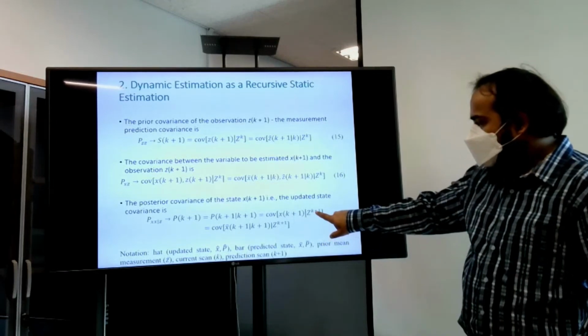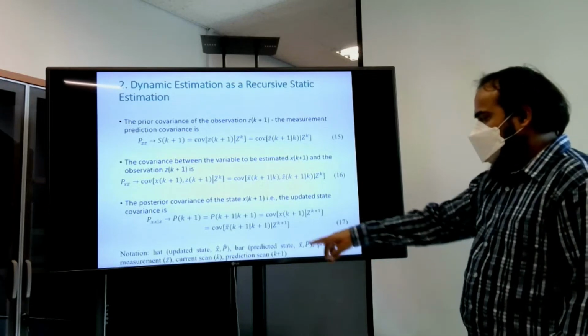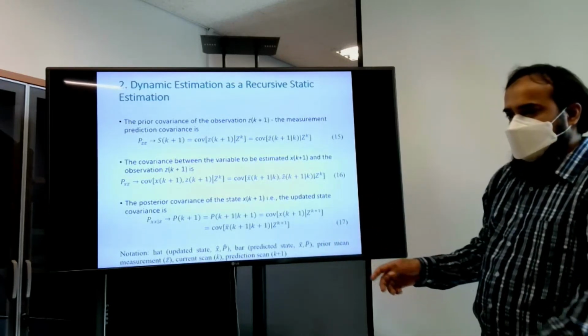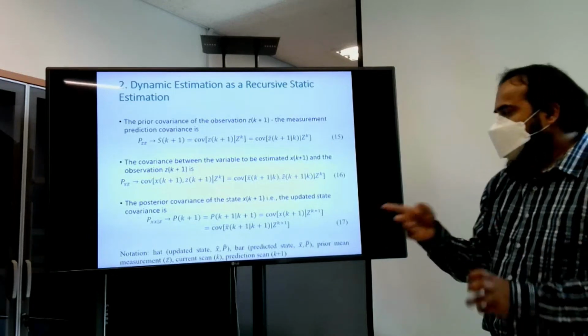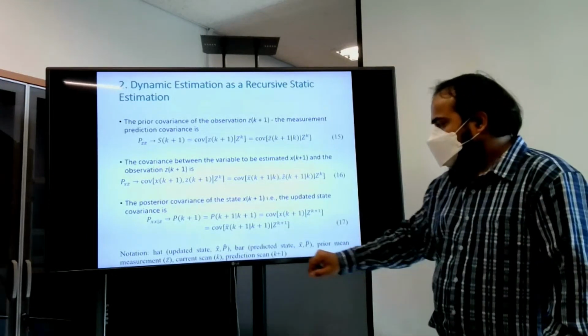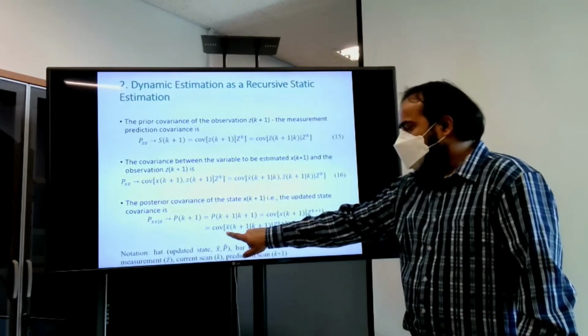Here we write k plus 1 because we are currently at another scan, the posterior scan, and to calculate the posterior x covariance, having the covariance matrix like this one.